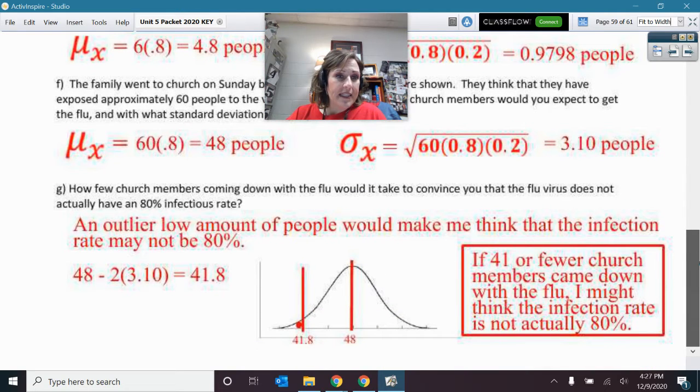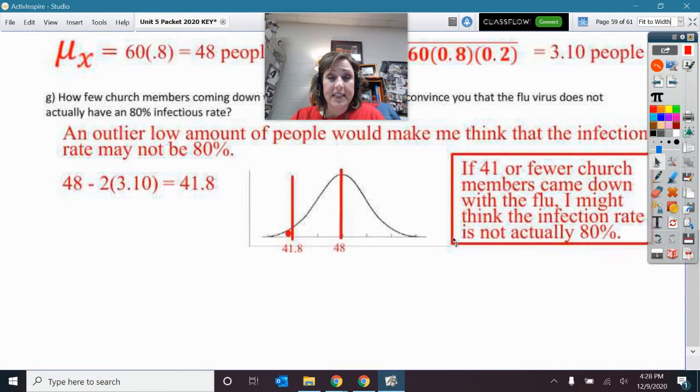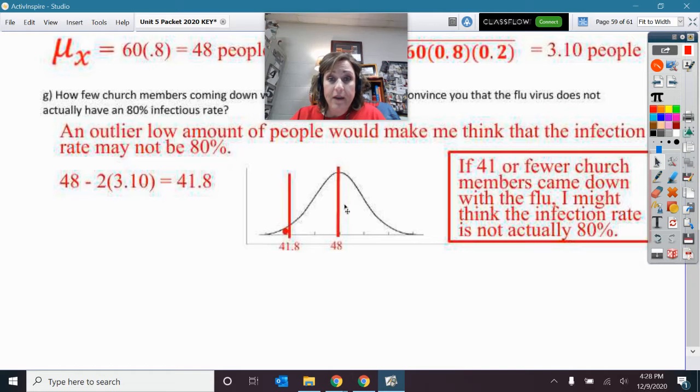All right, next. Okay, so this is interesting. How few church members getting the flu would it take to convince you that the flu virus does not actually have an 80% infection rate? So we've got to understand this idea that with an 80% rate, on average, 48 will get the flu.